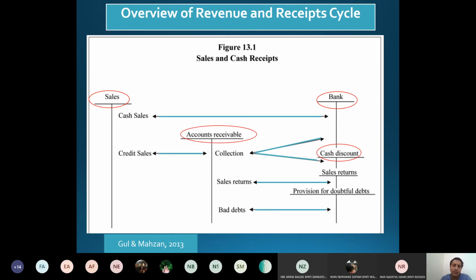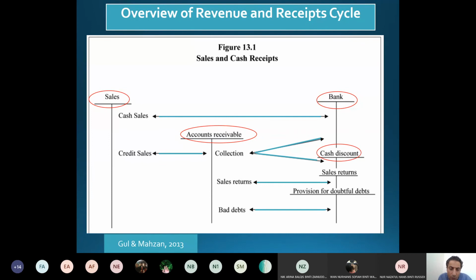Okay, but if we sell on credit, then we will credit sales in the sales account to record the transaction, and then we will have the account receivable account to mediate and record the current asset for us, or the liability for the customers.